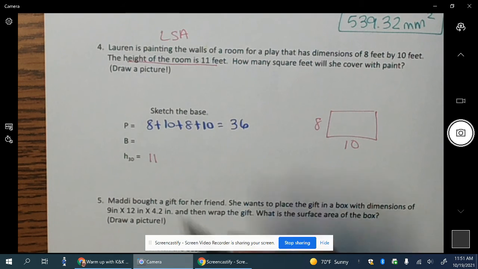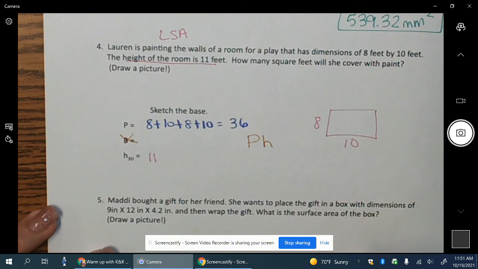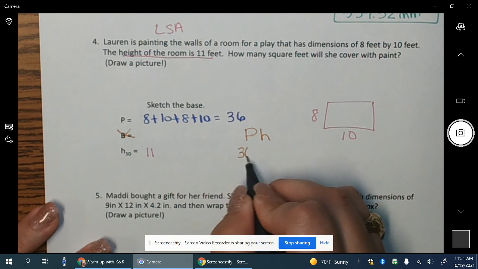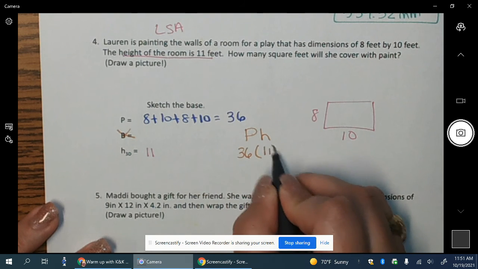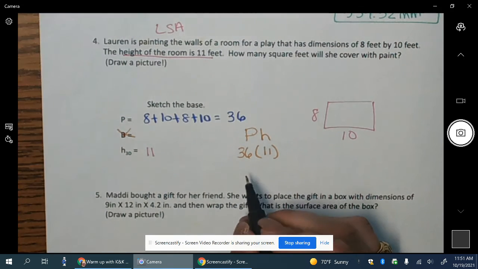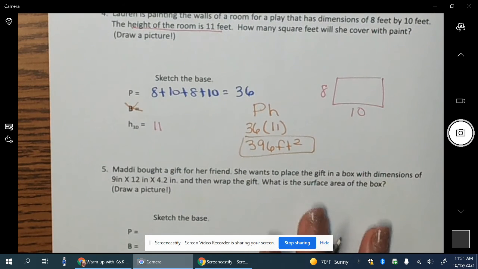Because it's lateral. So my formula is PH. Perimeter is 36, height is 11. 396 what? Feet squared. Good.